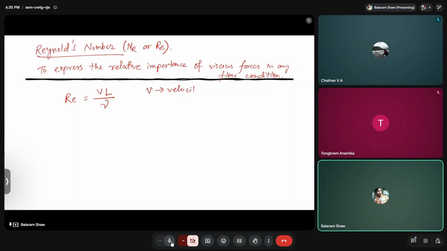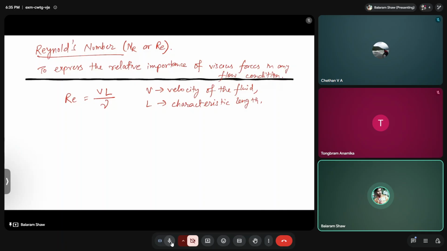Generally, if some passage is there, the width of that flow is considered as the characteristic length. This Reynolds number can be used in open channel flow as well as pipe flow. For pipe flow, the characteristic length is the diameter of the pipe. For a channel, the width of the flow is considered as the characteristic length L.